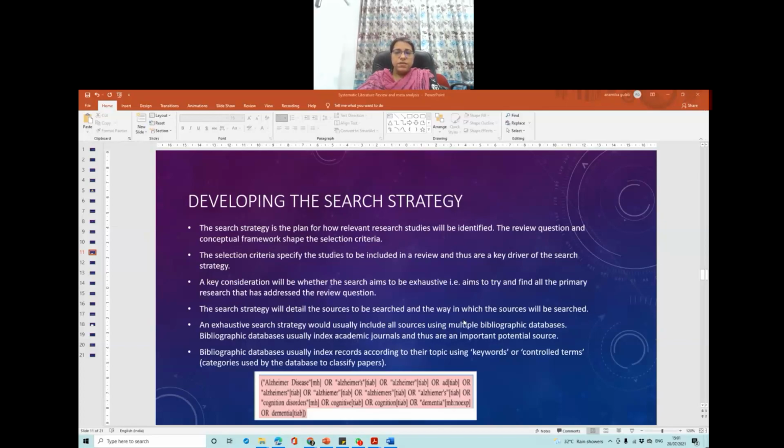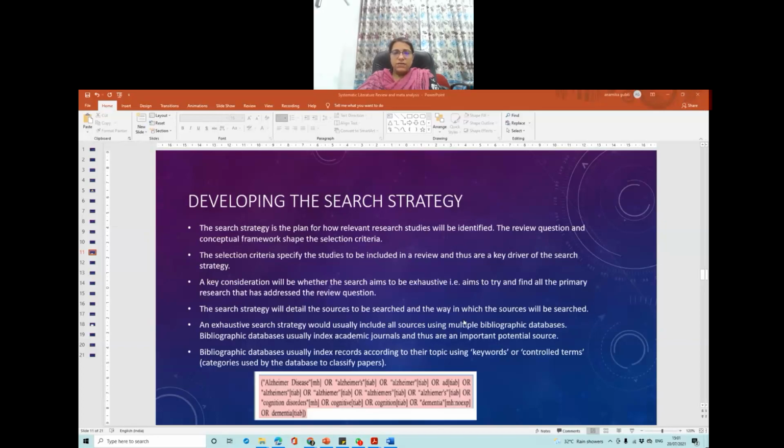What happens is that each and every published article is not indexed in each and every database. There are multiple databases, even for the clinical studies. If we are going to search, there are multiple databases available because all the studies are not indexed in one single database.